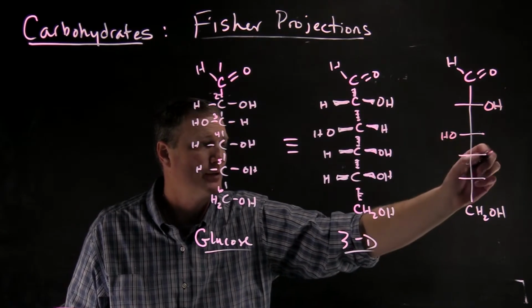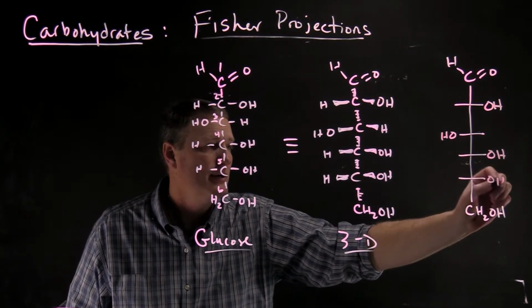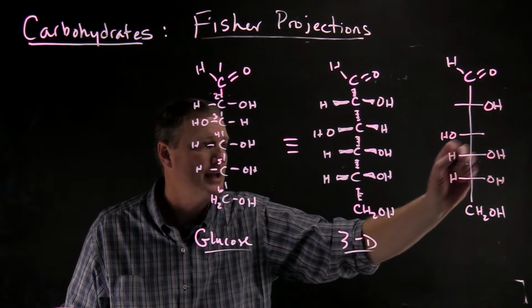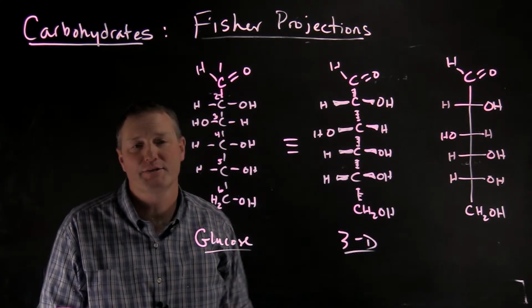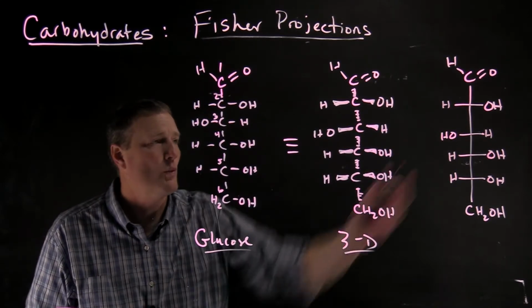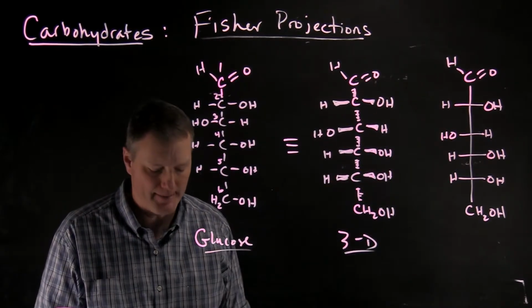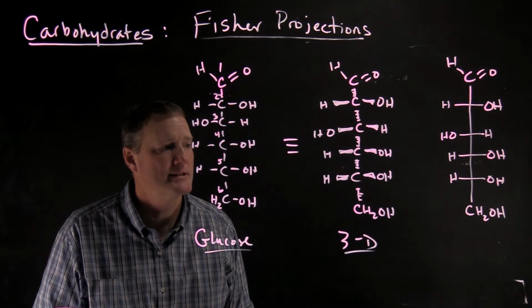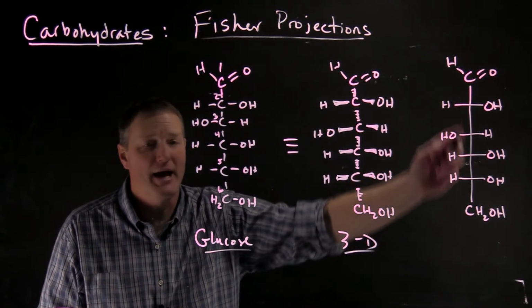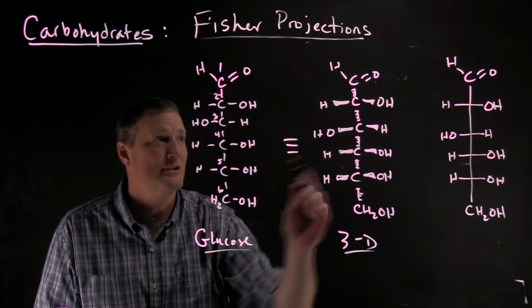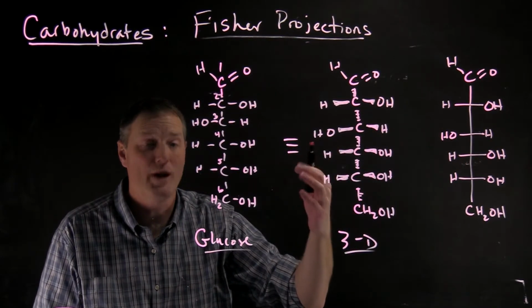It flips over there. These guys are here, and then I'll fill in the rest of my H's. In essence, each place where a line crosses represents a carbon with its associated four bonds. But in the Fischer projection, the horizontal lines would be going back into the page, away from you.